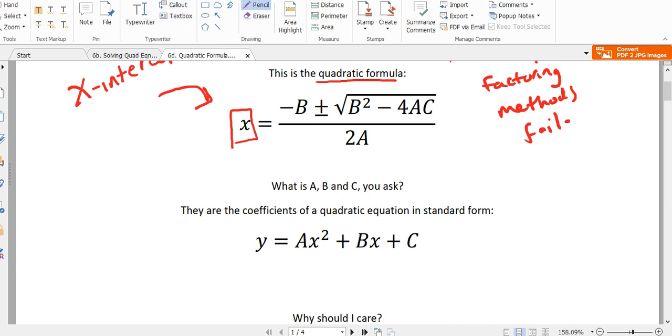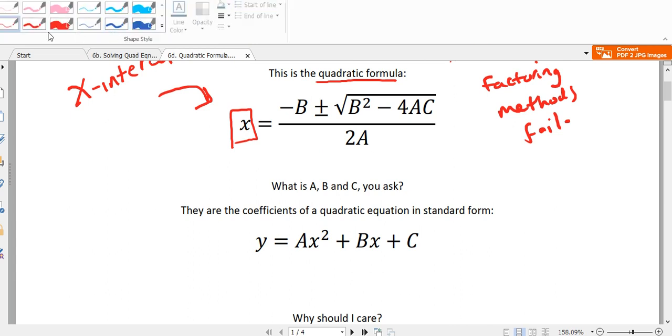Well, A just represents the coefficient, the very first value, the leading coefficient, of our quadratic equation. And B just represents the coefficient of the middle term.